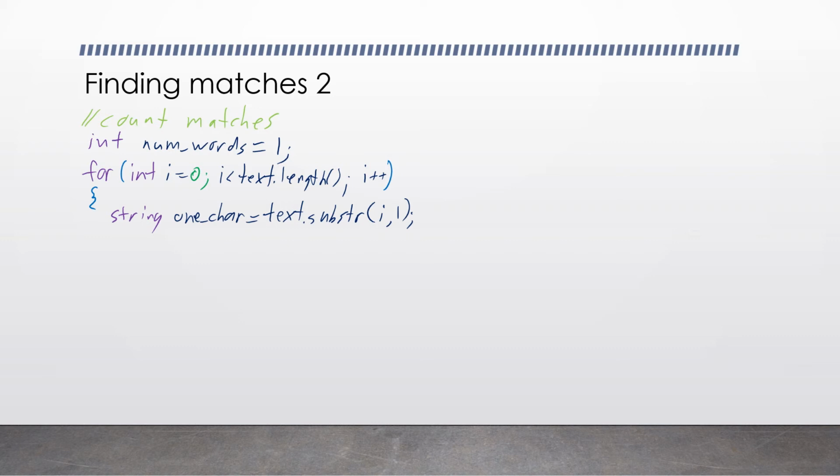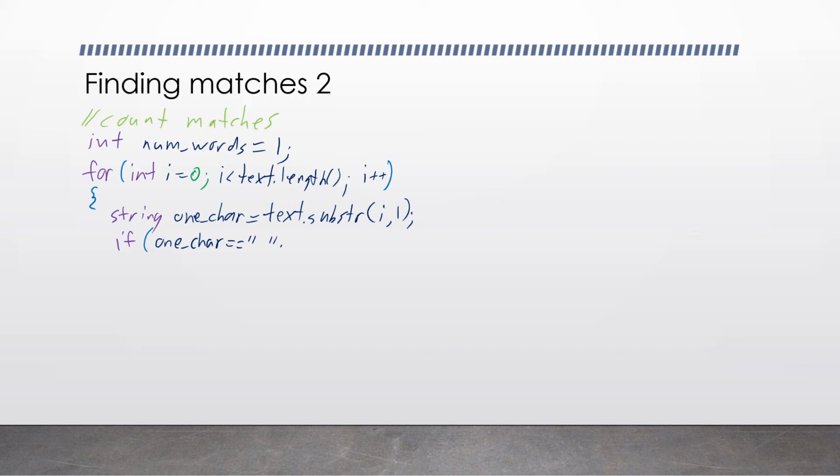Okay. Then if oneChar equals a space. Okay, in Java, notice you'd have to use the dot equals operator. C++ and C# allow overloading of the equals operator so that strings can be used with equals.